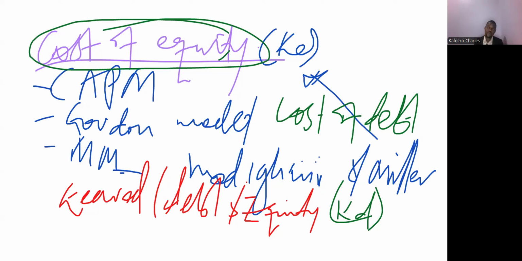So let's look at how we compute each of these market values for both debt and equity. That's basically what we are going to do in the next video. So let's meet in the next video as we talk about the determination of the market values for both debt and equity.